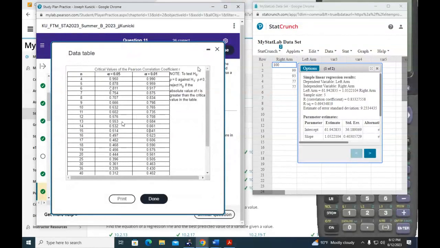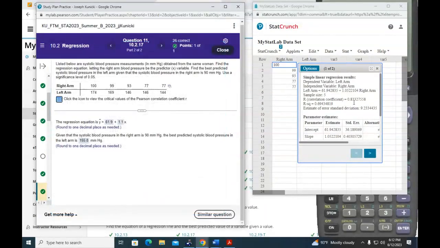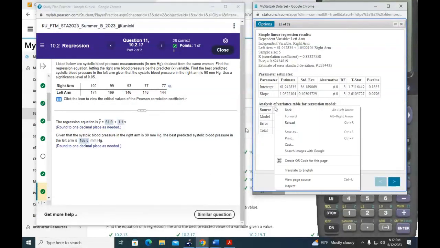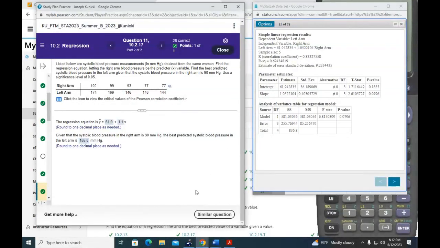The critical value is plus or minus 0.878. And see, 0.833 is in the middle between them. So we can't reject the null. There is no correlation, which means you can't use the regression line. So either way, I like the p-value because it's always right there. If you open this up, it's the bottom one, the one that goes with slope. And you just check and relate that to alpha. Okay, that was 17.